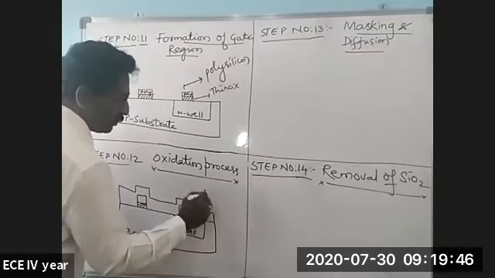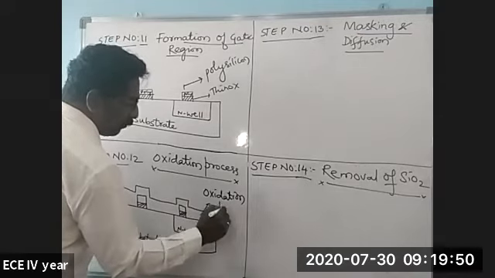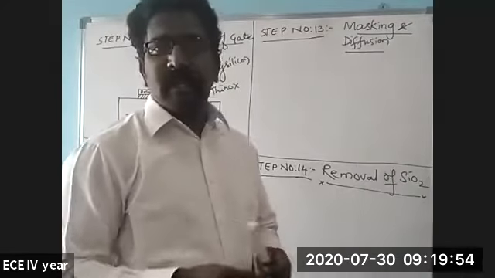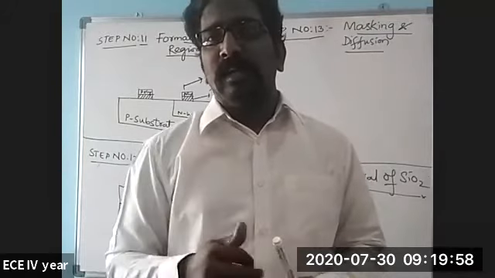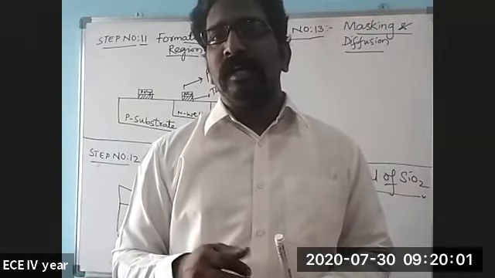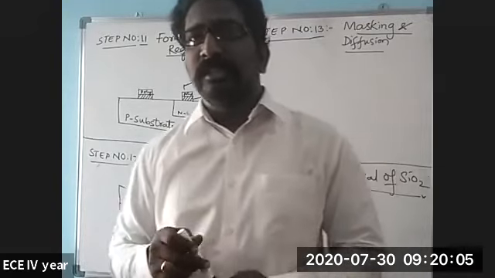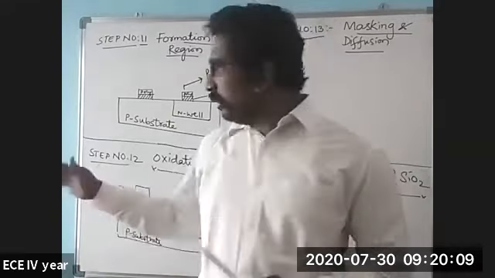This is your oxidation layer. What is the main use of this oxidation layer? We know that the oxidation layer acts as a barrier. It protects the wafer from further diffusion of any kind of impurities, and it even protects the wafer from the metallization process. That's the main use of creating the oxidation layer upon the entire wafer.